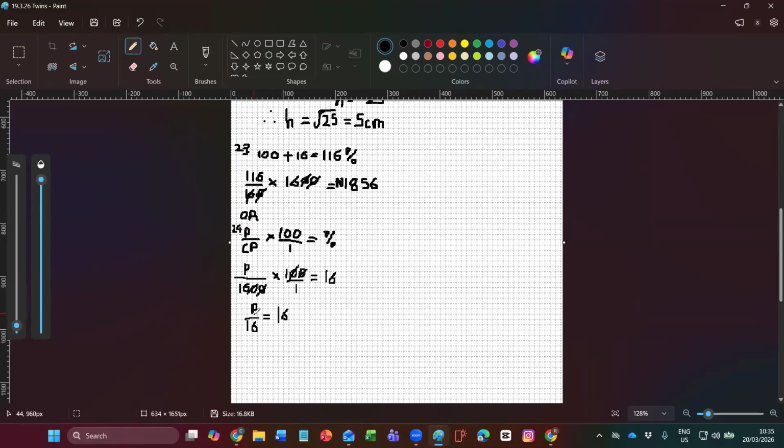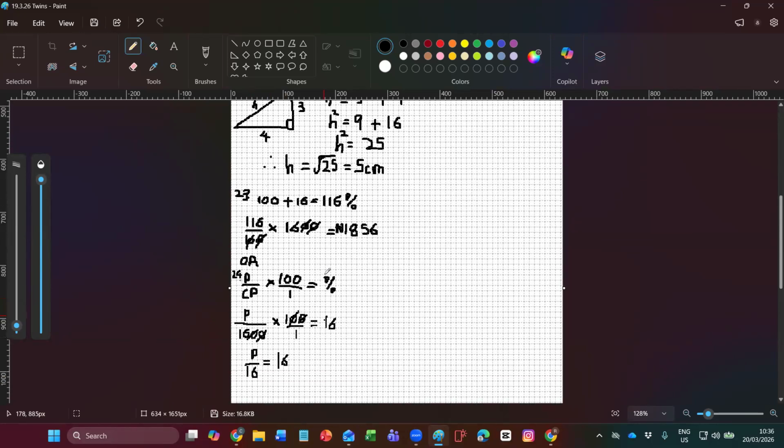So what should I do to both sides to find P? Multiply both sides. Thank you. Multiply, because multiplication is the opposite of division. Please always remember, always think about the opposite.